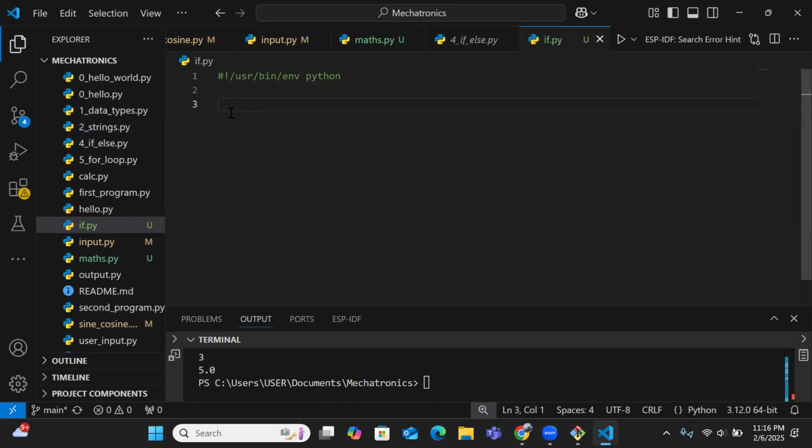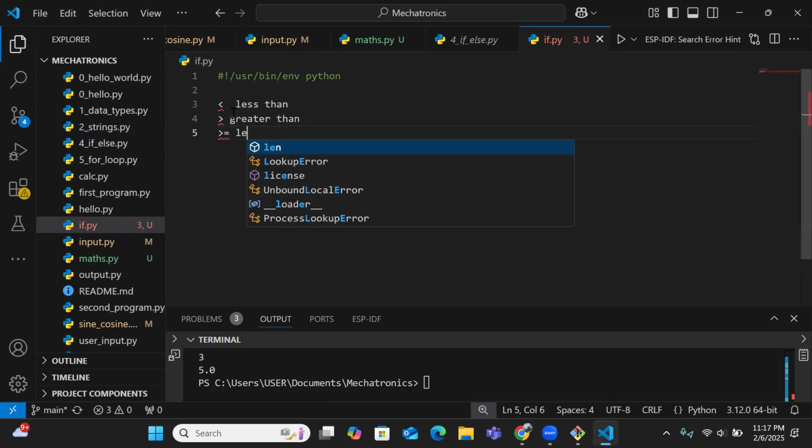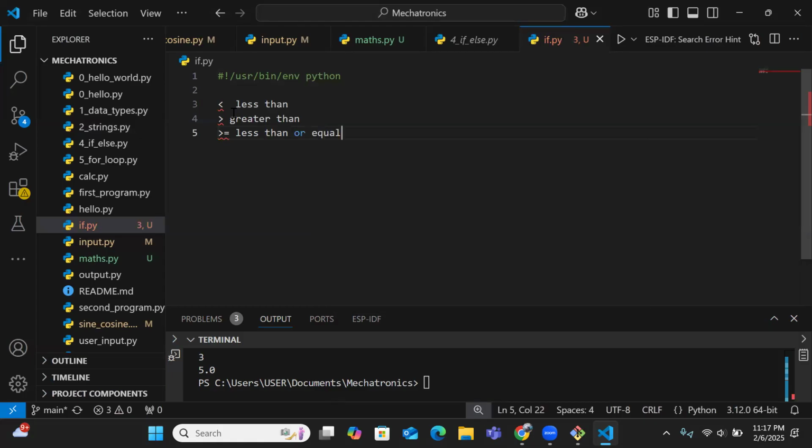Okay. So the first thing that I want us to learn, we learned it in maths. This one is less than. Do you know less than? Yes. We use it for comparison. Then that one is greater than. Then that one is less than or equal to.